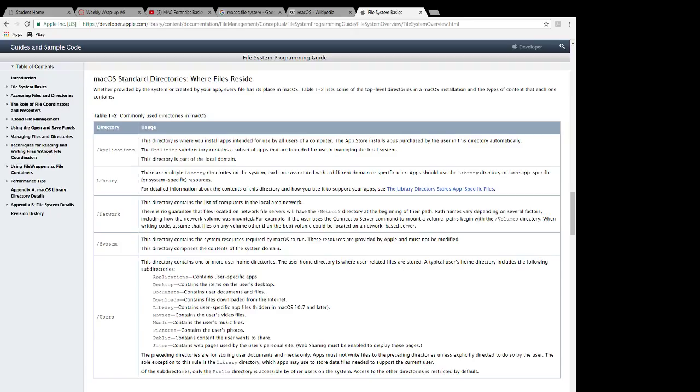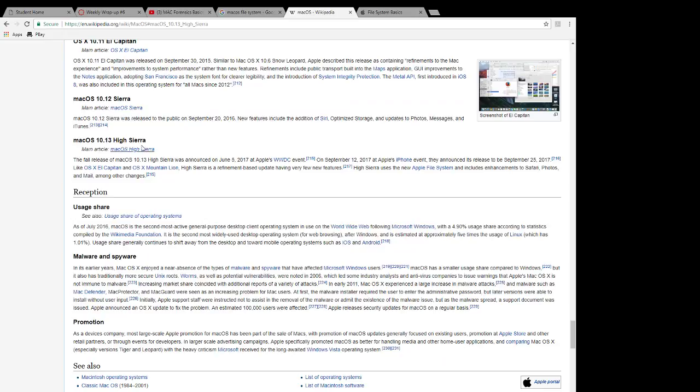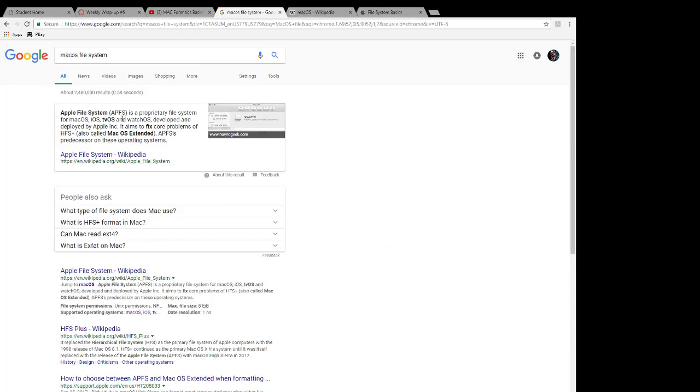The most recent distribution is High Sierra. The main difference that came out of this particular release is the new APFS, Apple File System.